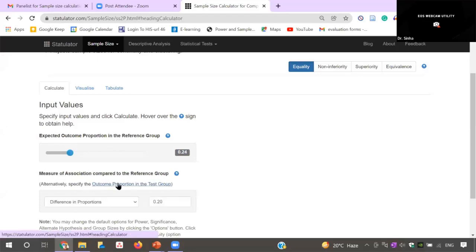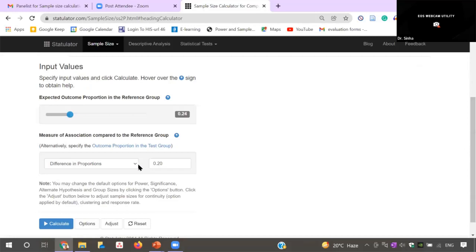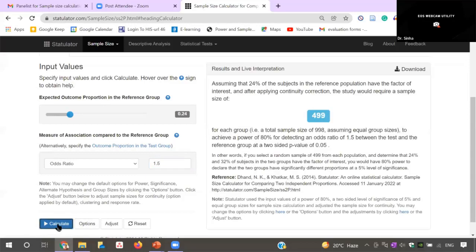If you click this drop down menu, you can see there is a difference in proportion, or a relative risk and odds ratio. Relative risk is there because these two proportions use the same concept in the cohort study also. But right now I will click this odds ratio, and the odds ratio for this was 1.5. So I have written 1.5. And then I will press calculate.